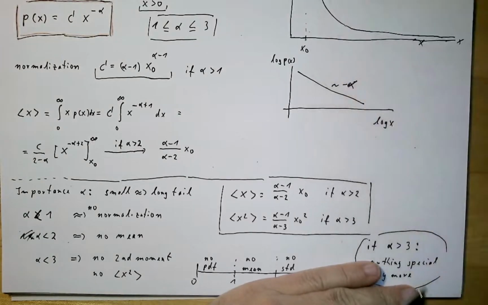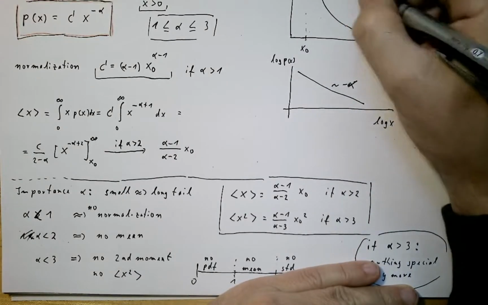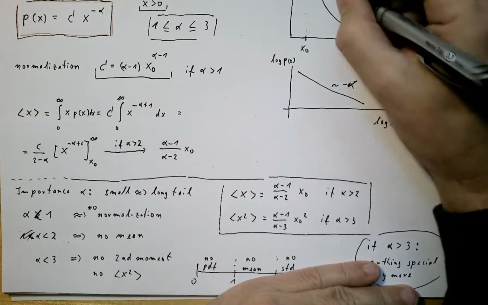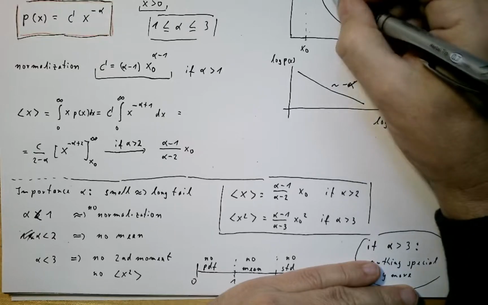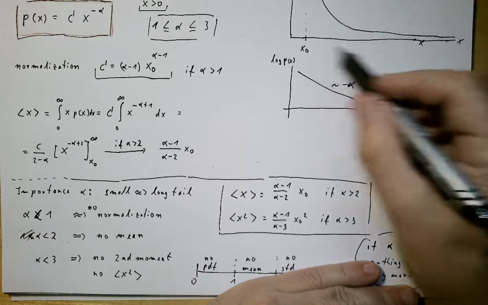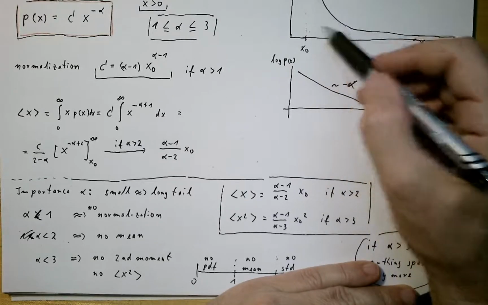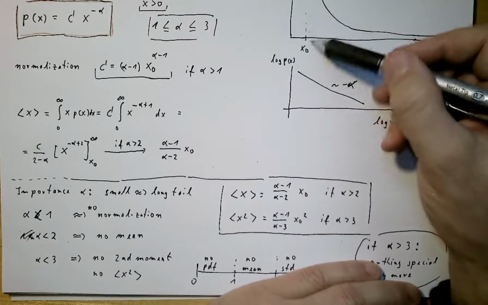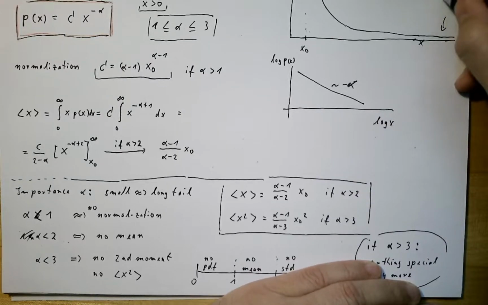So we have the many small events, the small x values. Typically, and this we discussed in the example of the Levy flight, if we take such a value, it will be very small mostly, but here we have the long, or sometimes we say the fat tail.